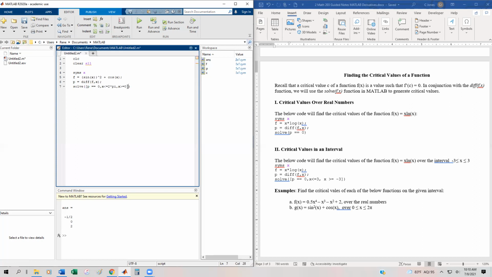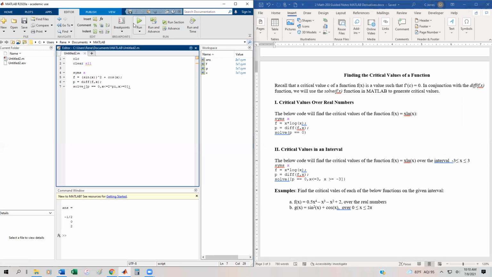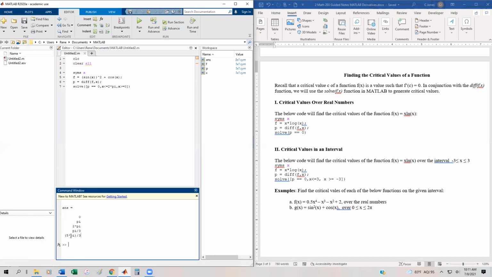It doesn't matter if you do the less than or greater than first; I just followed the given problem, from 0 to 2 pi. Let's execute this. Notice it spits out all 5 of the critical values that would be generated.